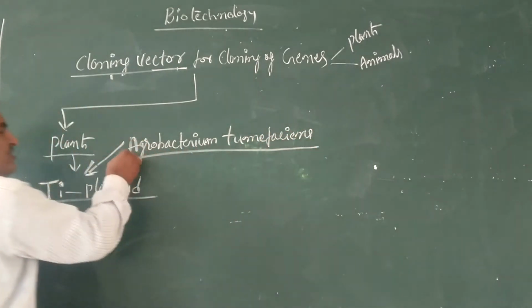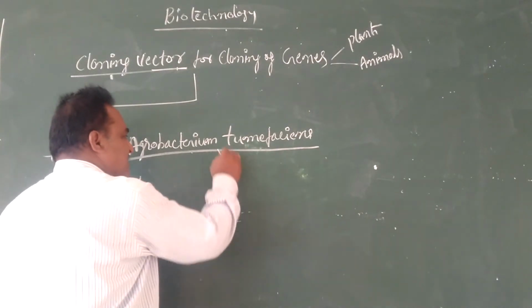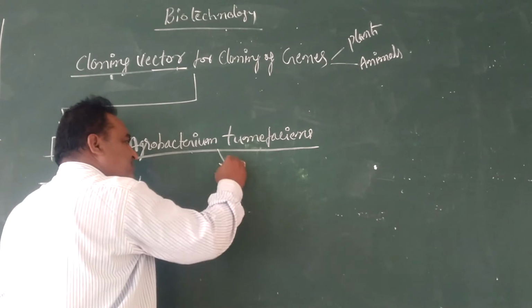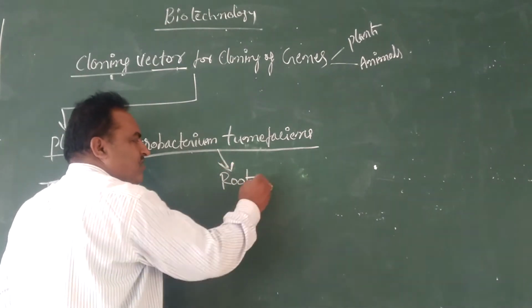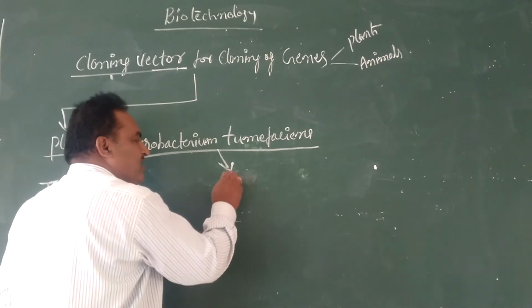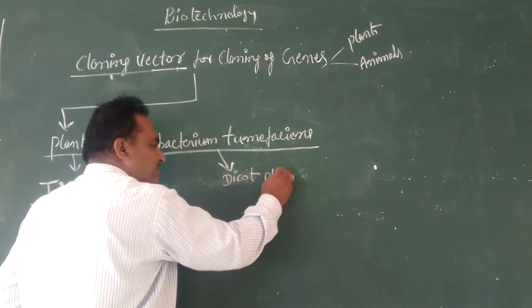Agrobacterium tumefaciens is a soil bacteria. Usually, this bacteria causes infection to the root system of dicot plants.